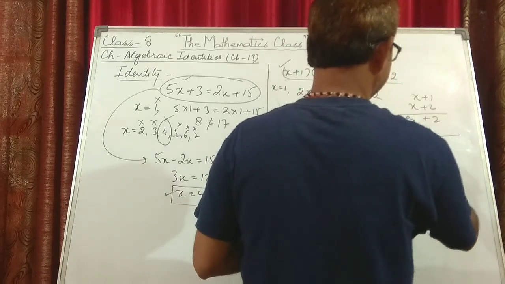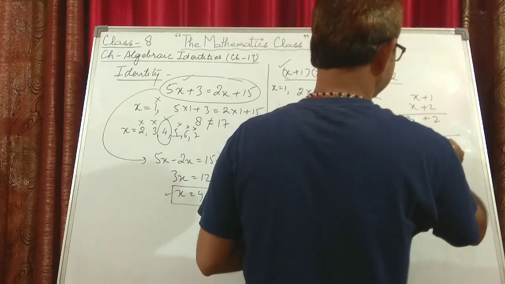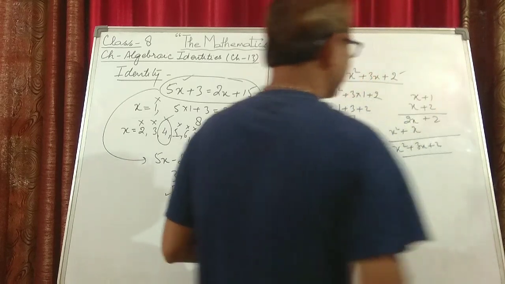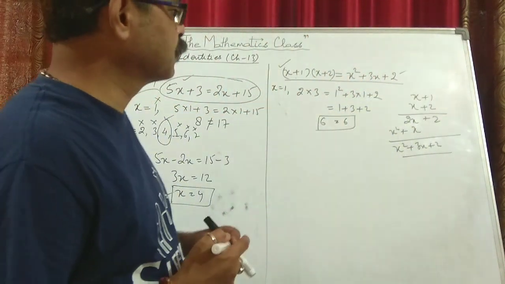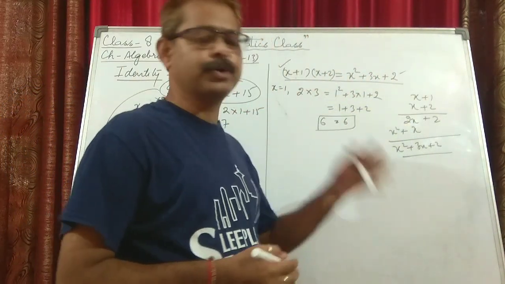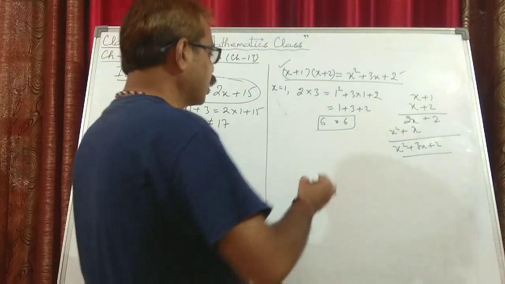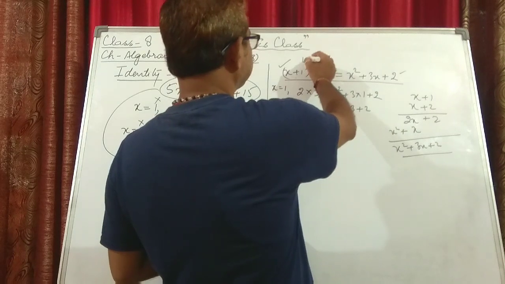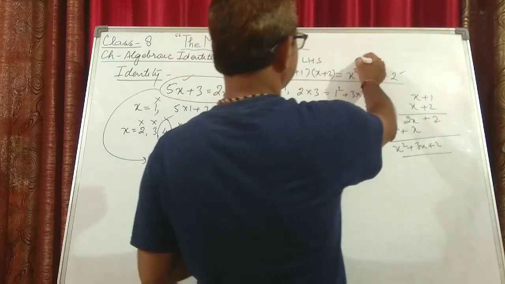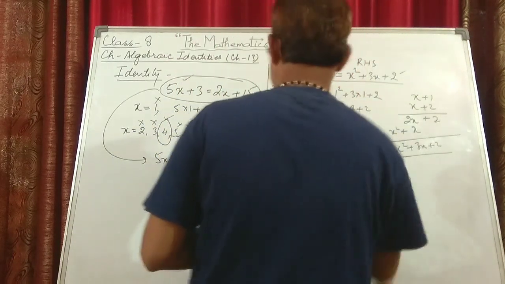So we are getting x square plus 3x plus 2. Now if you put any value of x, 1, 2, 3, 4, 100, 1000, 10,000 or whatever, you will always see that the left hand side is equal to the right hand side.